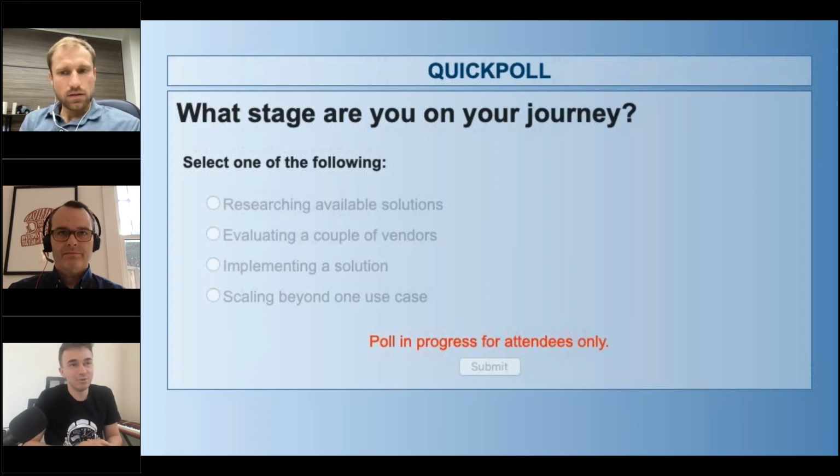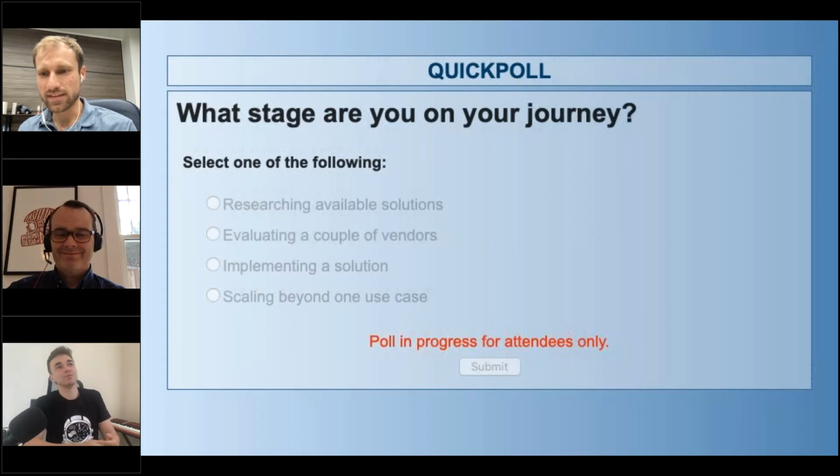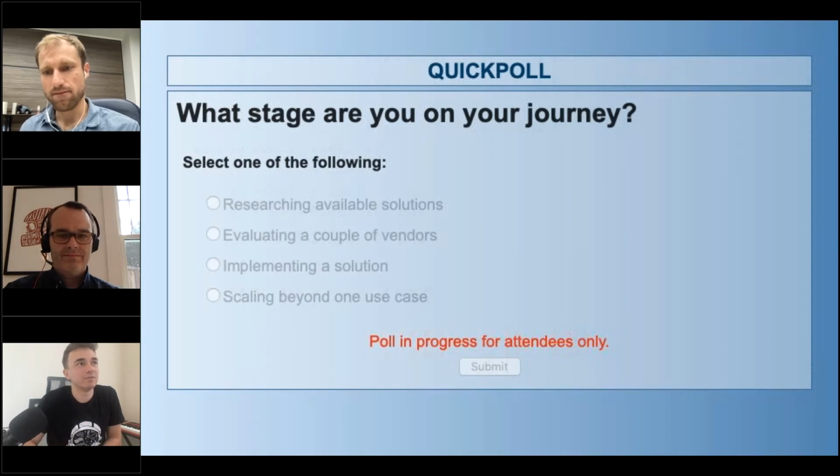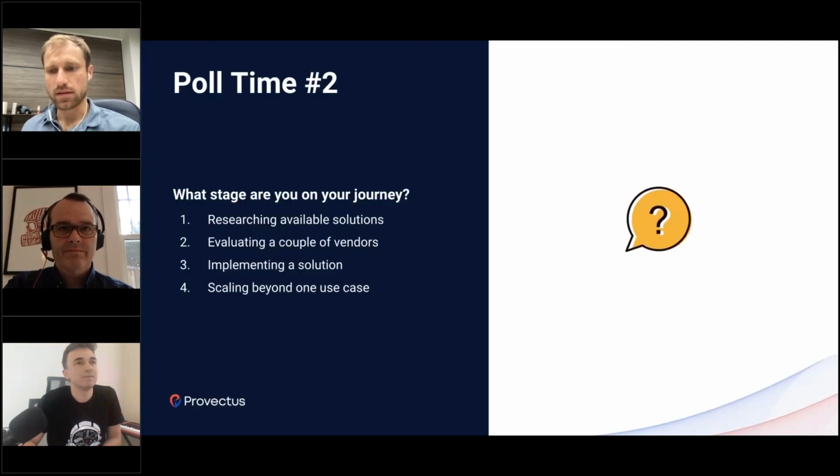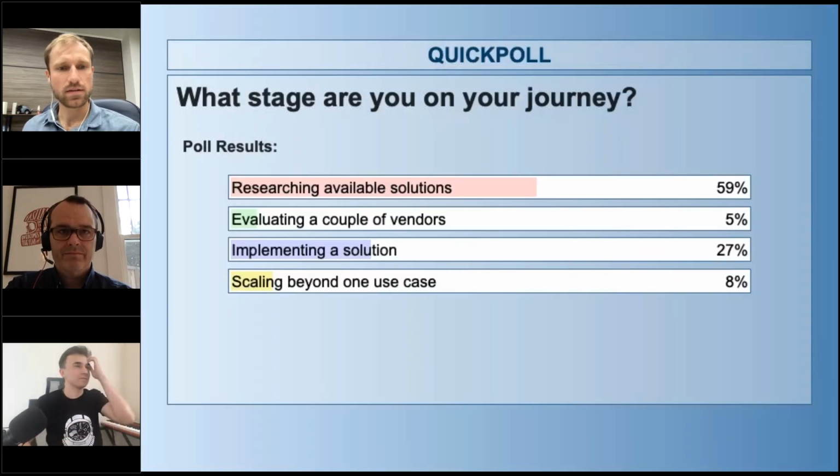Well, you're really fast in voting. It's only 15 seconds and already 70% have voted, which is really good. Thank you for active participation. Okay, I will give it a couple more seconds. And okay, closing the poll and sharing the results.